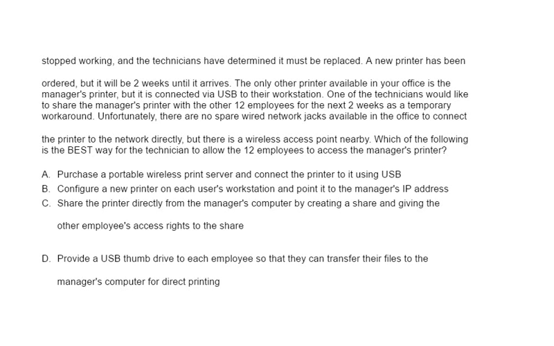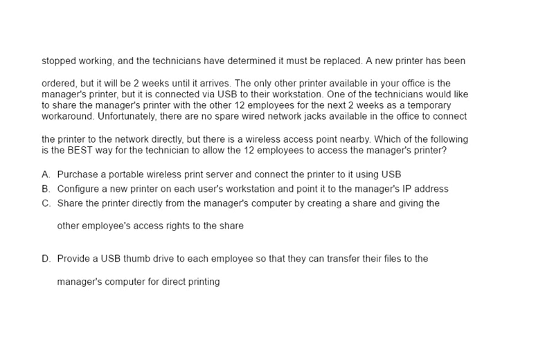Which of the following is the best way for the technician to allow the 12 employees to access the manager's printer? Option A. Purchase a portable wireless print server and connect the printer to it using USB. Option B. Configure a new printer on each user's workstation and point it to the manager's IP address.